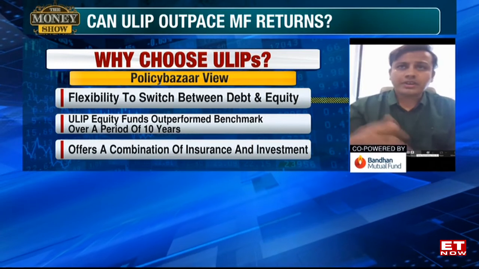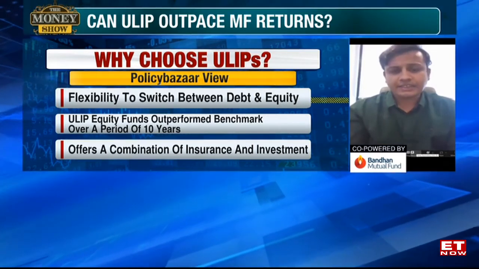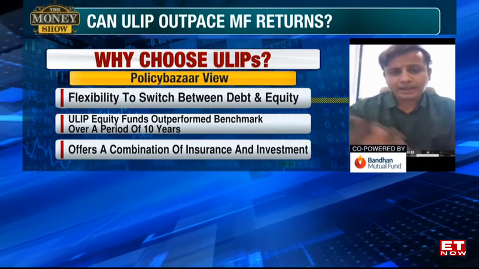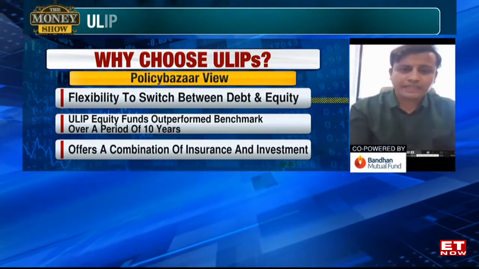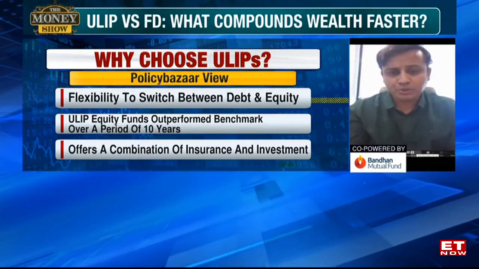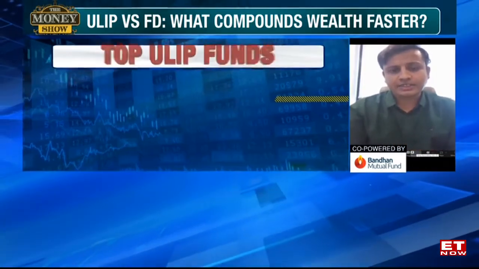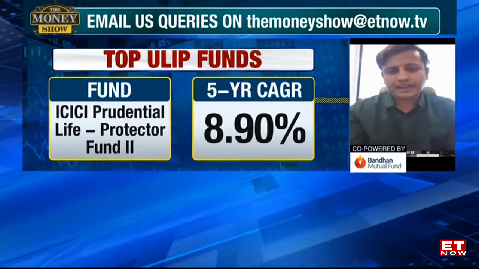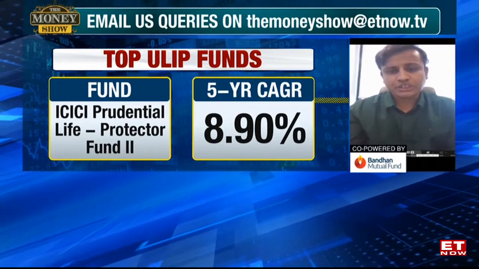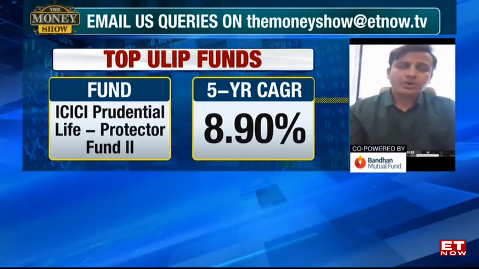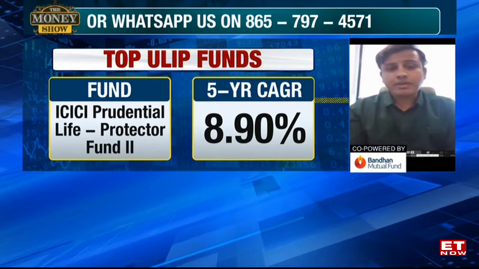Now the returns, see, the underlying asset of both a debt ULIP and a debt mutual fund are the same, and the same applies for an equity ULIP and an equity mutual fund also. For them, the underlying asset is stocks, and for a debt ULIP and a debt mutual fund, the underlying assets are government bonds, government securities, and corporate bonds. So the return will not be very different.